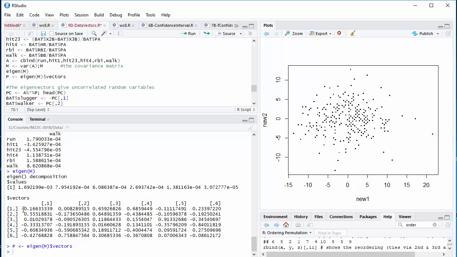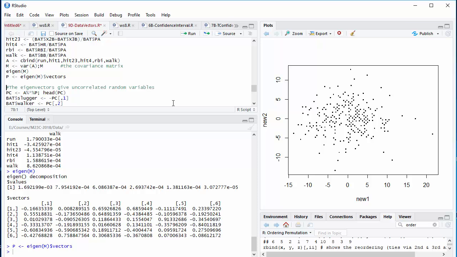But now those aren't standard basis vector 1, 2, and so on. They are the number of runs scored per plate appearance, the number of singles per plate appearance, and so on.